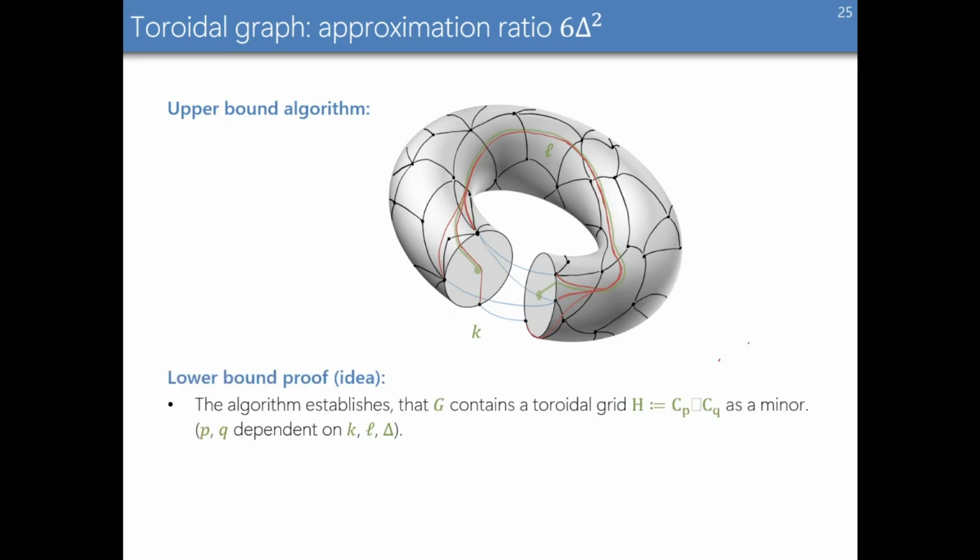Why is this a good algorithm? I mean, it's an algorithm that produces a drawing. We now need to prove that this is actually related to the lower bound that was attainable, so it's an approximation ratio.